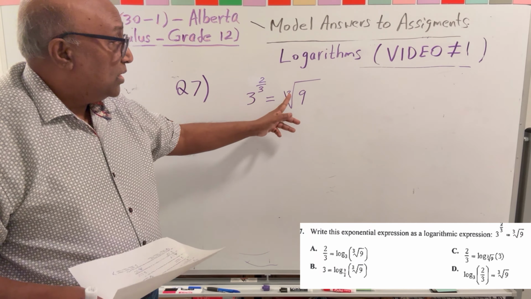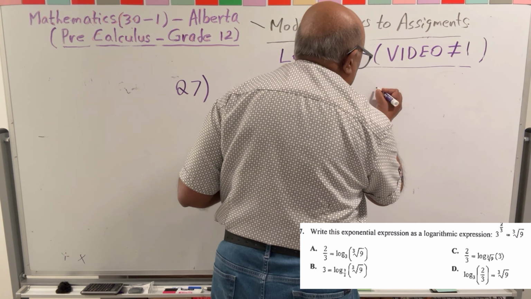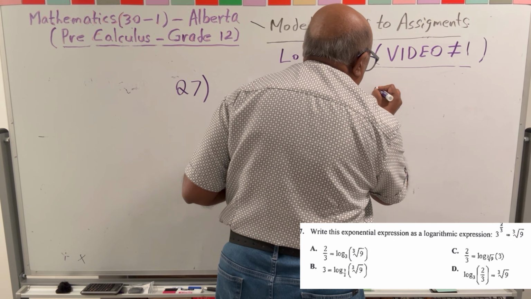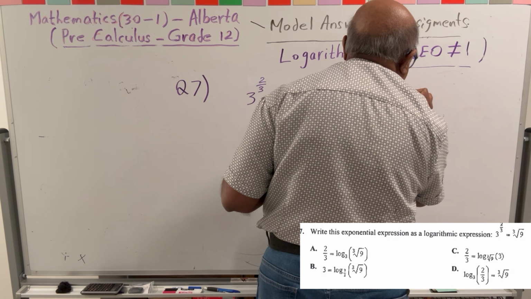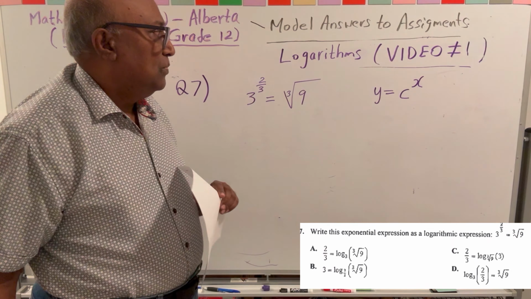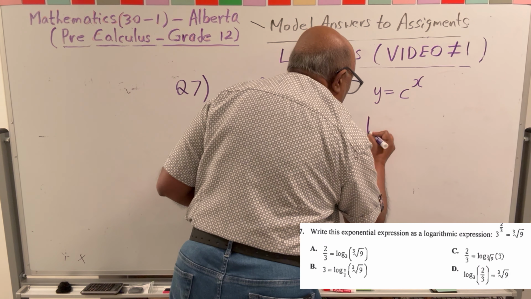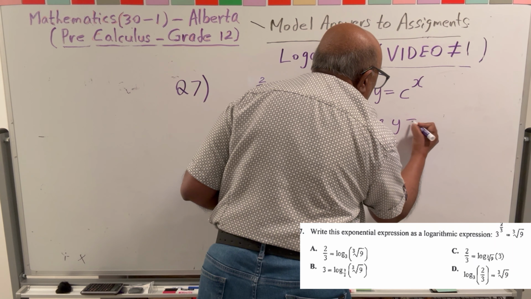The only thing is we need to convert this to logarithmic form. What is the definition? If y equals c to the power of x, then this is equivalent to log base c of y is equal to x.